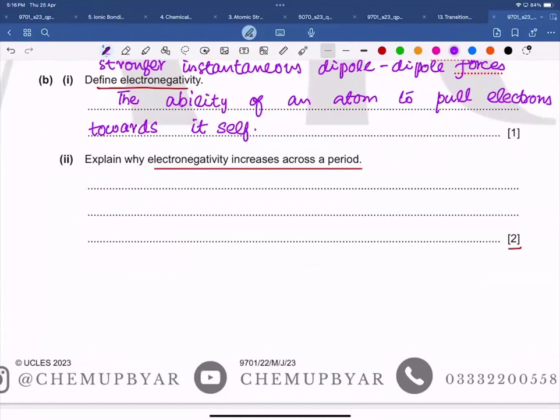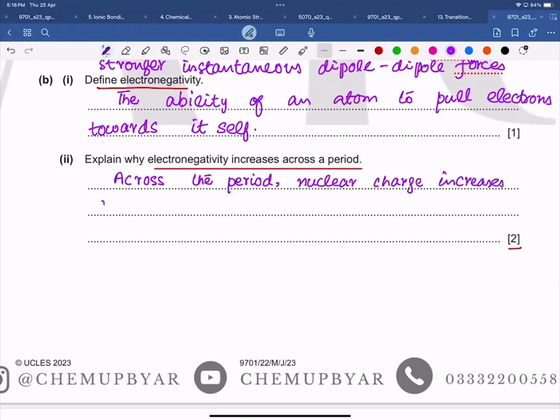Okay. So across the period, nuclear charge increases and shielding remains the same.